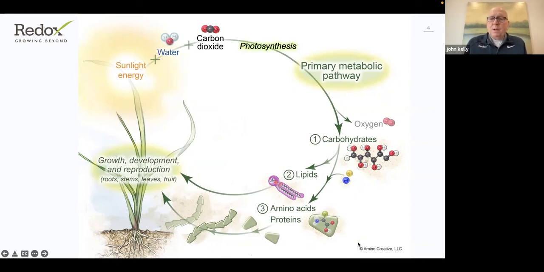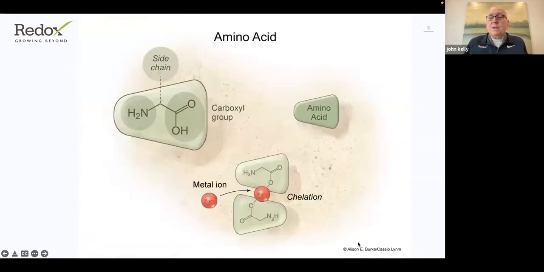The plant combines this carbon, hydrogen, and oxygen energy source with nitrogen and forms what are called amino acids. These amino acids chain together to form proteins. The amino acids are the building blocks of life, so literally every component of a plant is made of amino acids.